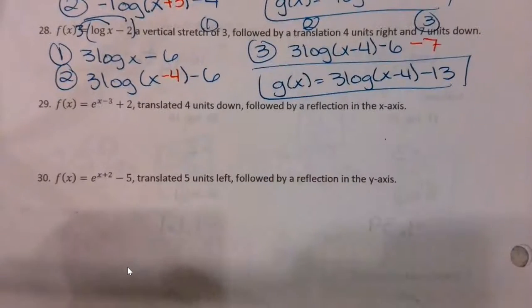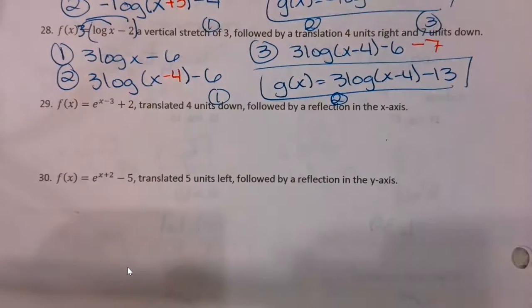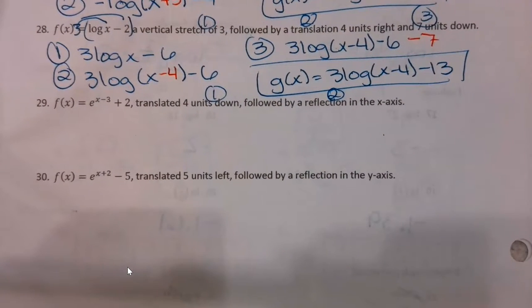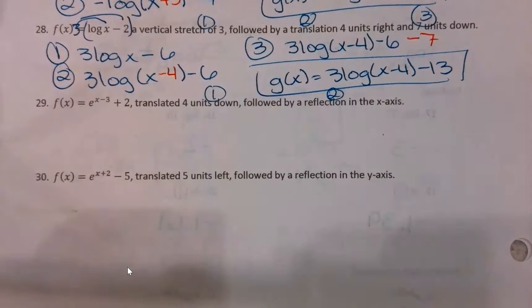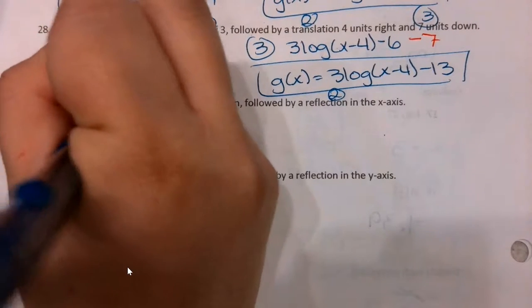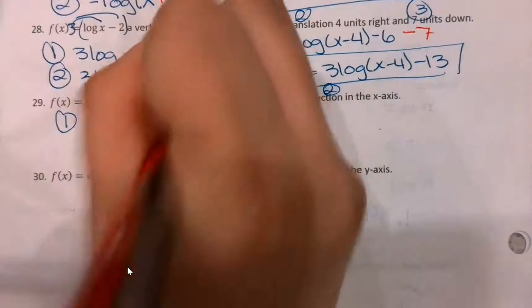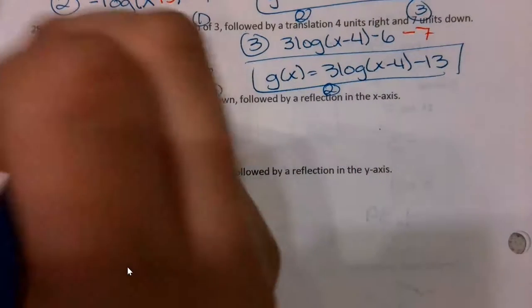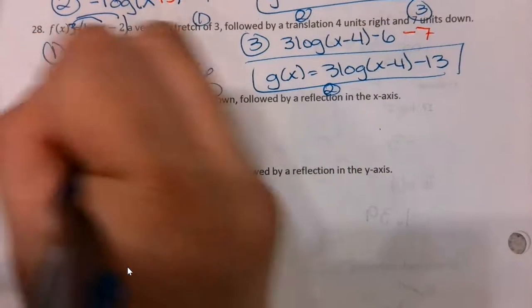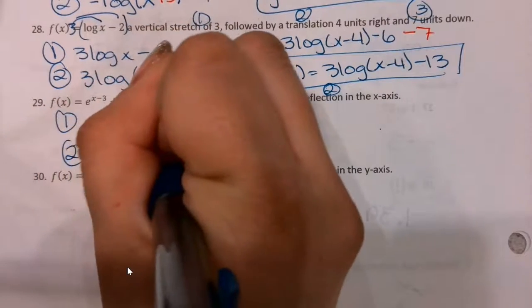Okay. Number 29 has 2 transformations. It has a shift down and a reflection. So I'm going to start with my shift down. That means I want to subtract outside. So I have my normal function, and I shift 4 down. So that gives me e to the x minus 3, minus 2.